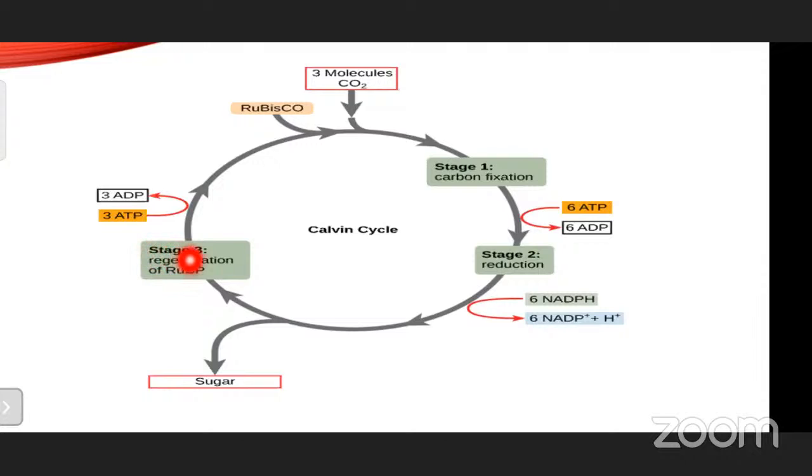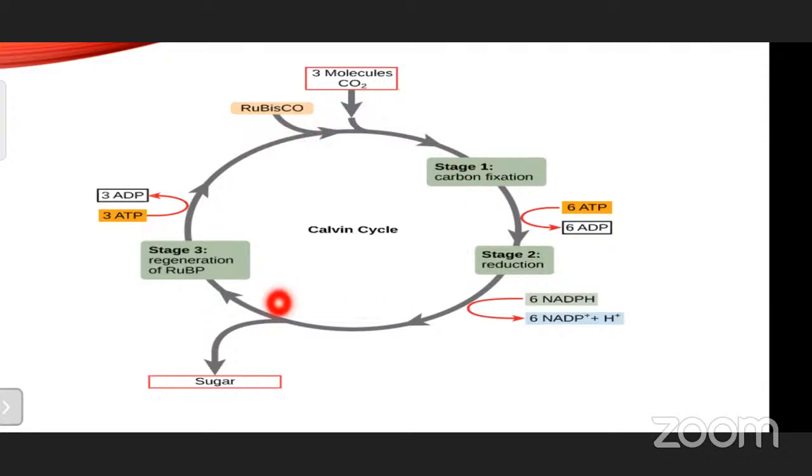It wants to become bisphosphate, so it will be getting added by ATP again. When ATP is added, the phosphate of the ATP will be taken and ADP is going to form again. So 3 ATPs' phosphate is getting added to this ribulose 5 phosphate, and it is becoming 3 molecules of ribulose bisphosphate, having 5 carbon each.